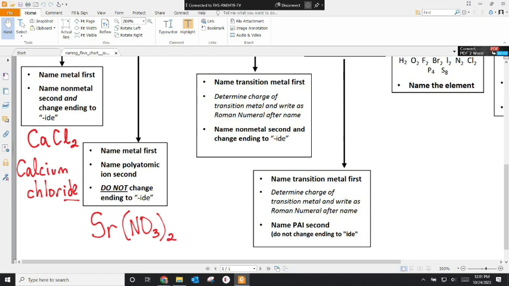So if I had something like Sr(NO3)2, first of all, strontium is also in group 2, so it's not multivalent. Let me connect my screen again. But when I count the capital letters this time, there are 3 capital letters.